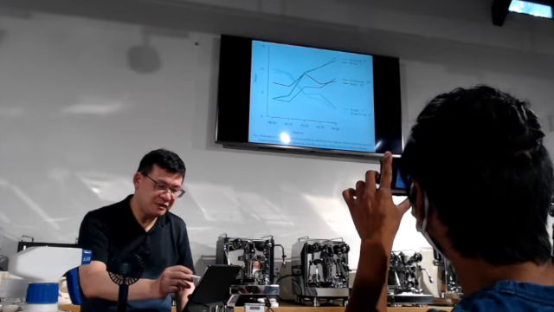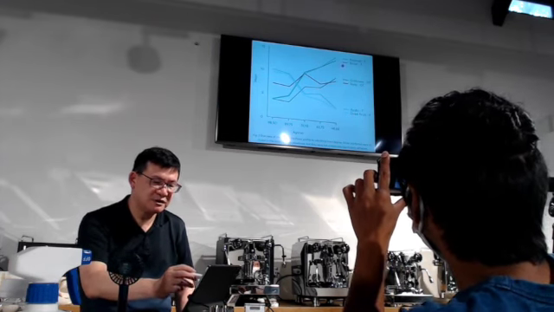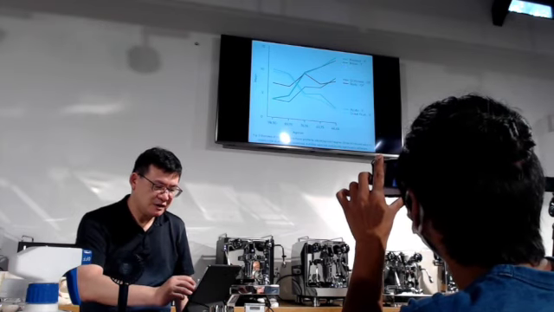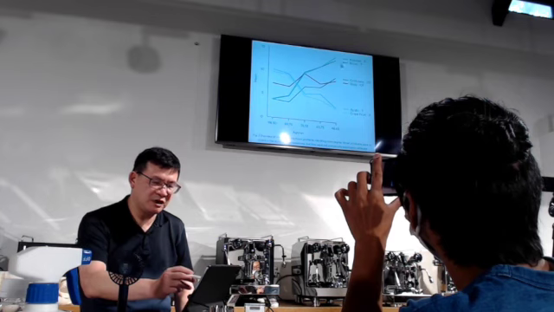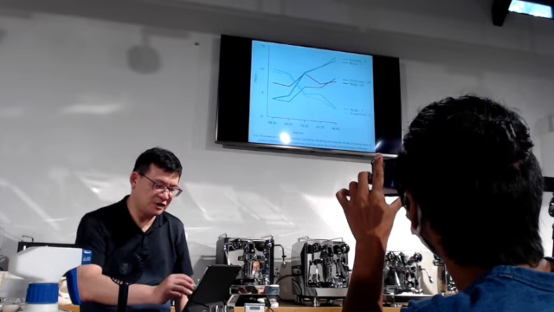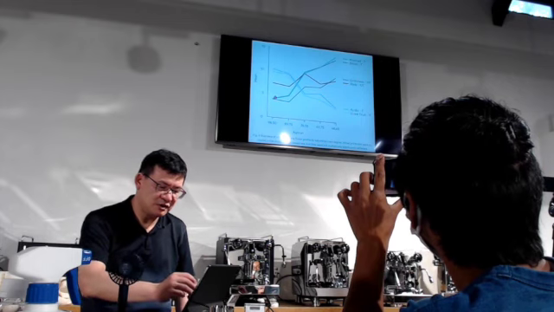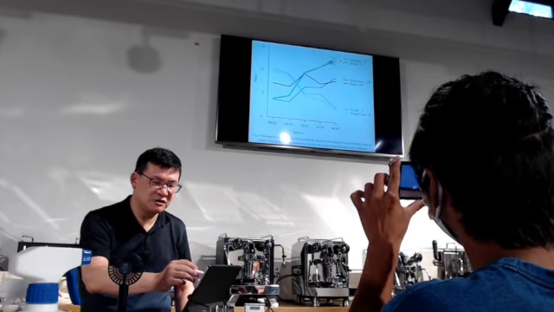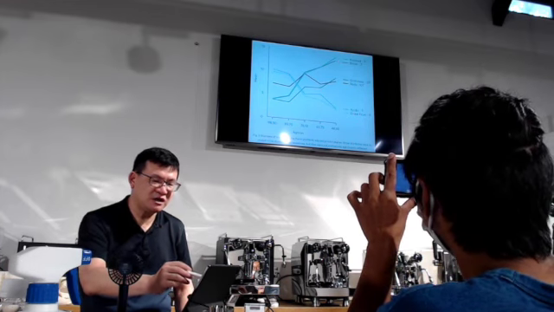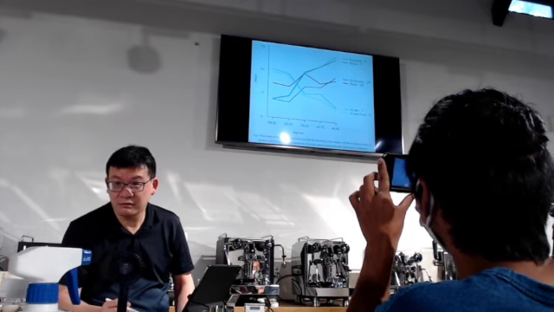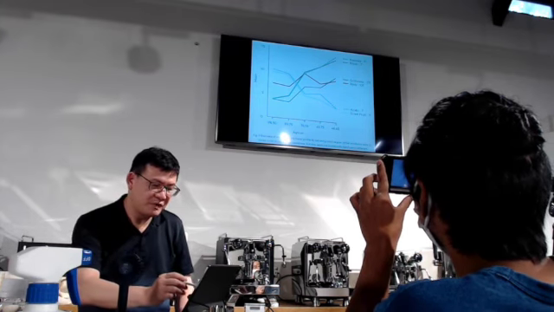Then we see the bitterness and the roasty notes. Light roast, not that bitter, not that roasty. Dark roast goes higher like this. So dark roast, high roasty, high bitterness. Also reasonable.